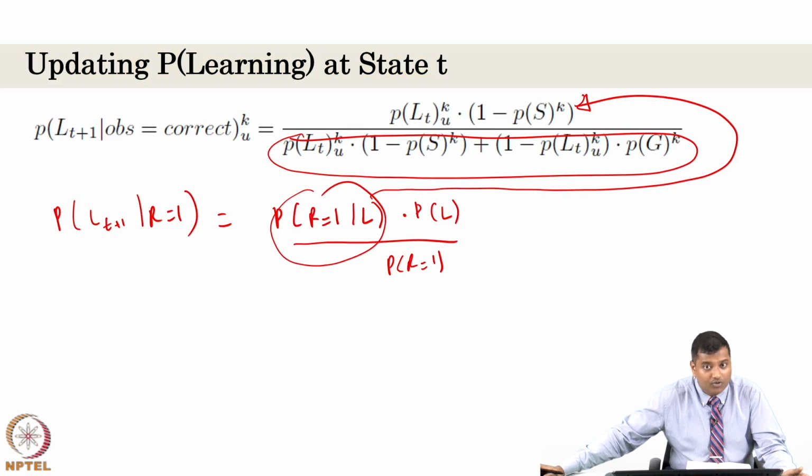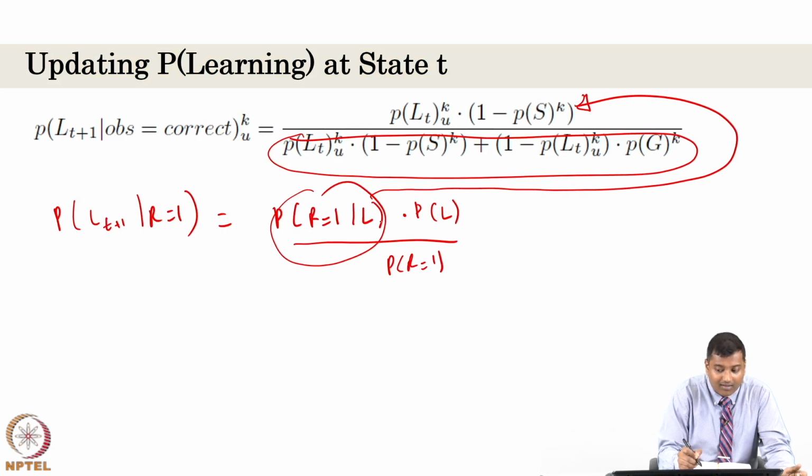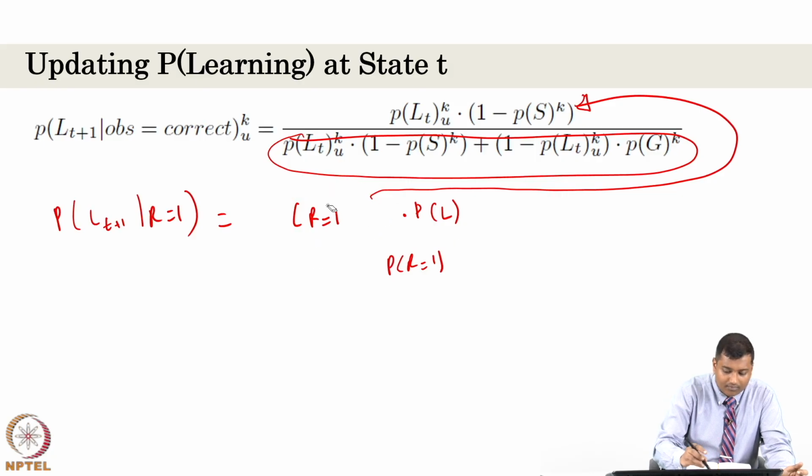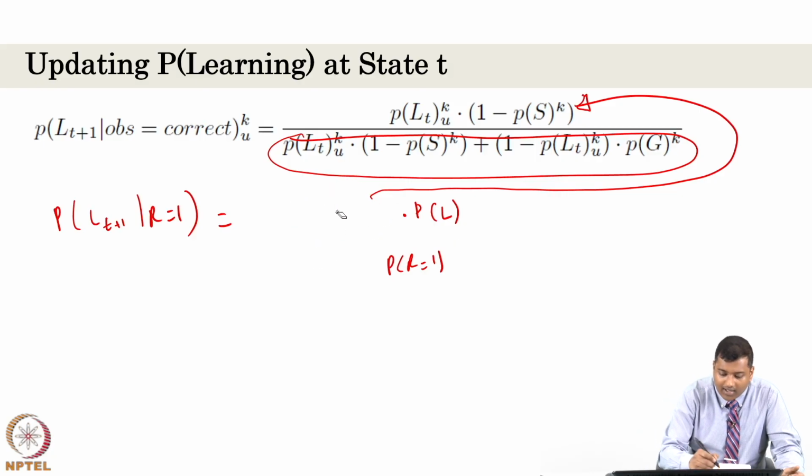Hence, we can easily assume that being in a learn state and answering correctly is the opposite of the probability of slip. Hence, the two can be interchanged. So I can write it as 1 minus probability of slip over P of r.